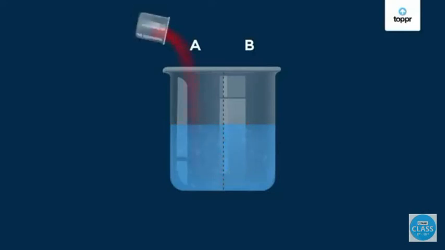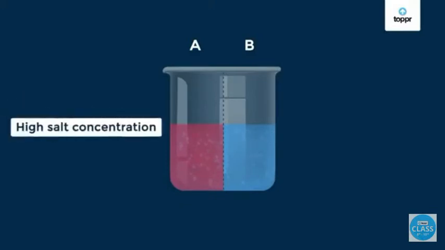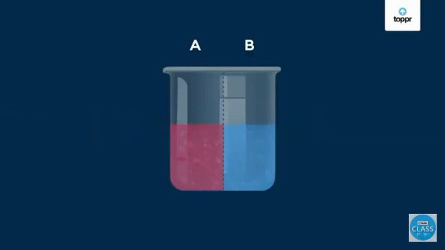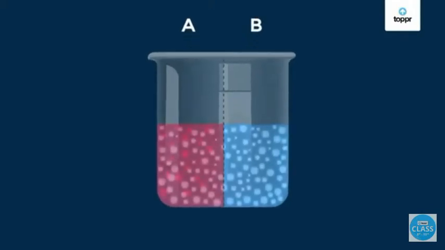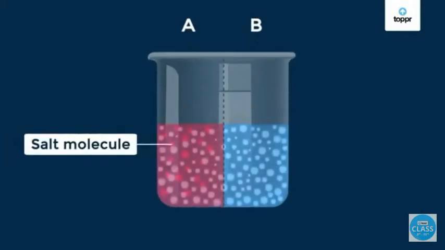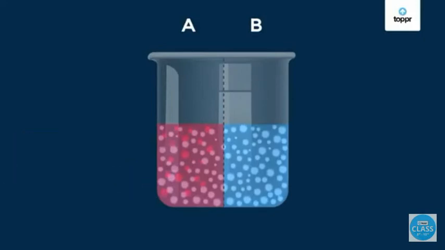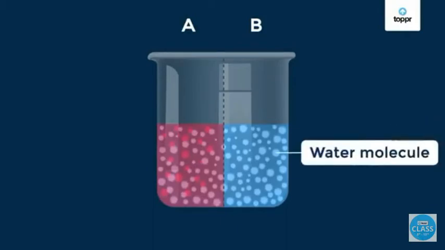Now, let us add a few spoons of colored salt to compartment A. So, salt concentration is high in compartment A and nil in compartment B. If you observe compartment A, some water molecules are with salt molecules, whereas in compartment B, all the water molecules are free.